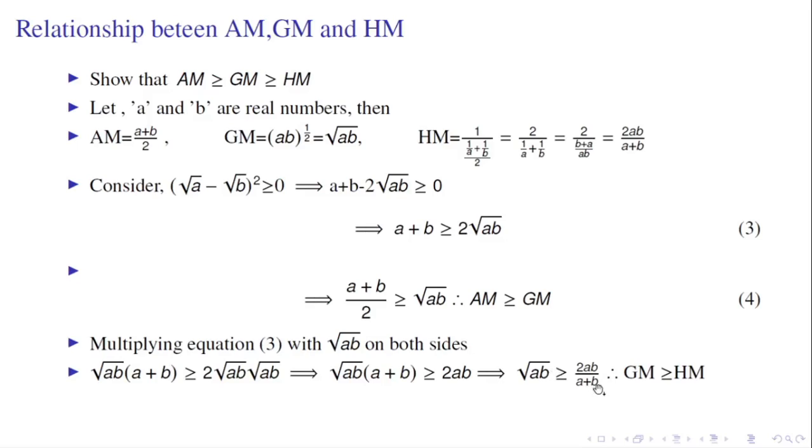Look here, root AB is GM and this is HM, so GM is greater than or equal to HM. And by using equation 4, we have AM greater than or equal to GM. So AM is greater than or equal to GM, which is greater than or equal to HM. This is the proof of the relationship between AM, GM and HM.